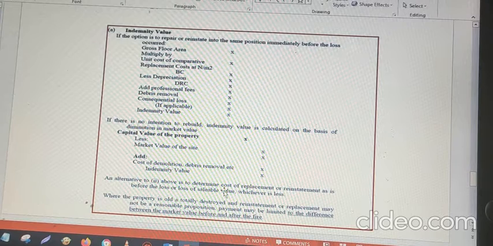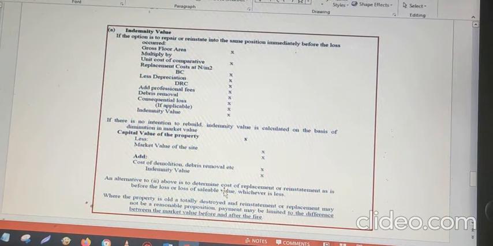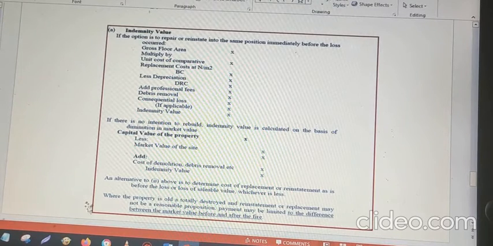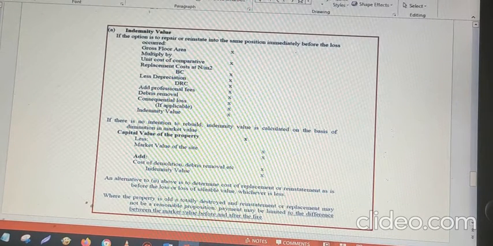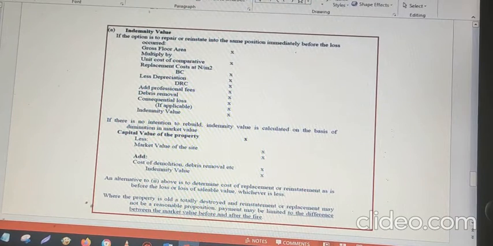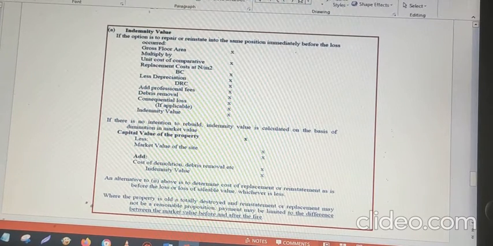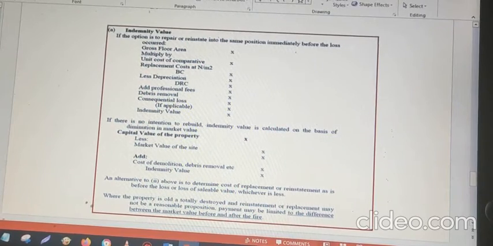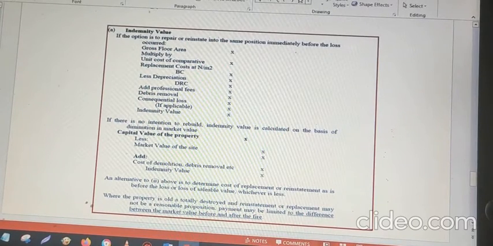An alternative to the above is to determine the depreciated cost of replacement or reinstatement as is before the loss and the loss of saleable value, whichever is less. 4. Where the property is old and totally destroyed and reinstatement or replacement may not be a reasonable proposition, payment may be limited to the difference between the market value before and after the fire, i.e. loss of saleable value.